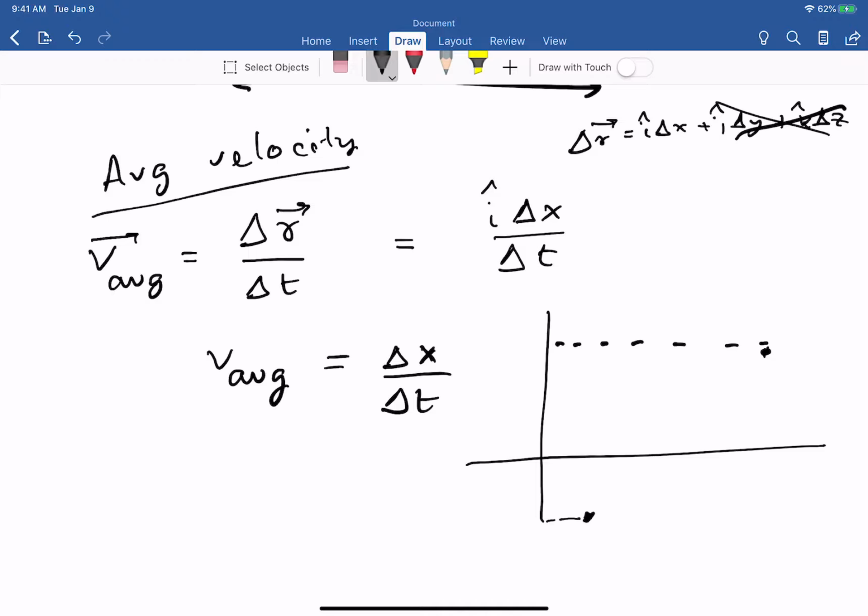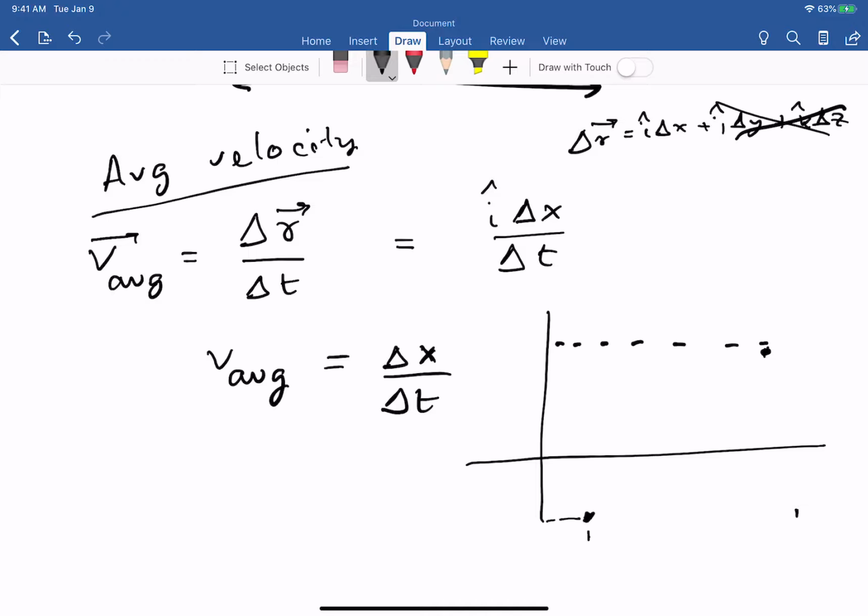And the initial t is over here and the final t is over here, right? So what does delta x divided by delta t represent? You can clearly see that it represents the slope of the line segment joining the initial point and the final point of the object on the position time plot.